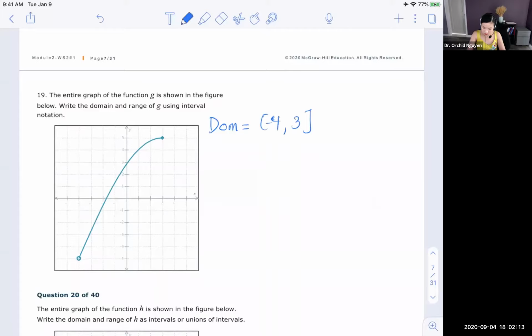You see we have open and close. So we have open here, we have close here. So it should be a parenthesis here and a bracket on the other side. For the range, we look from the bottom, which is -5, and you go up, which is +5. And then once again, we have open and close.